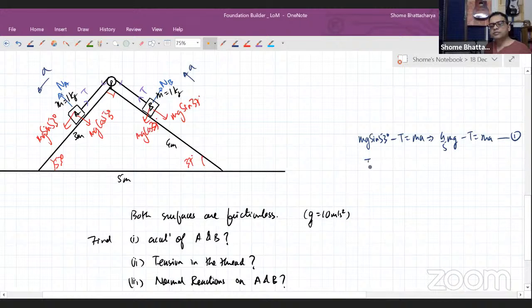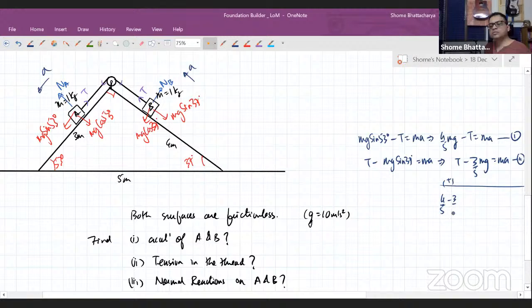And for the second one, you have T minus mg sin 37 is equal to ma, or T minus 3 by 5 mg is equal to ma. So you just add these two equations and you get 2ma. Okay. So your acceleration becomes g by 10, or 1 meter per second square.